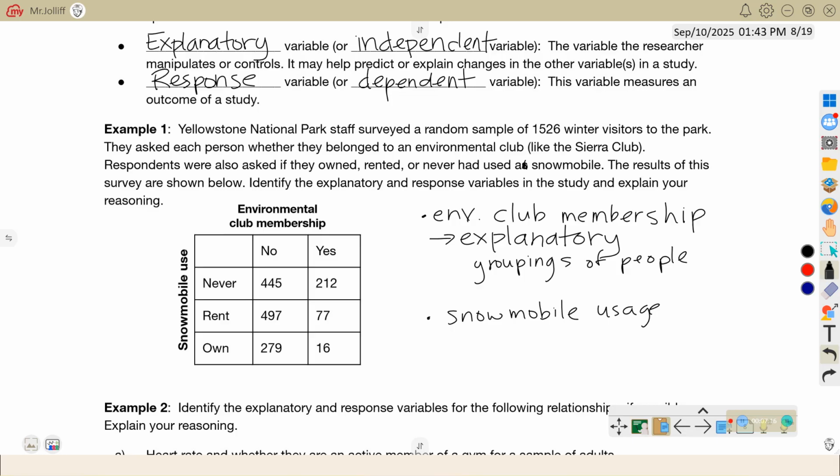Yeah, that is a category that I have decided to separate my sample into. Do they belong to a club or don't they? I have artificially created two groups from a single population, taking the population, dividing them into environmental club, no environmental club. That was a me decision, which means the other guy is our response variable. Very good.